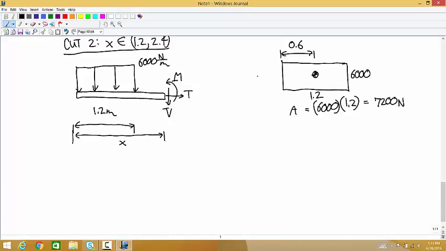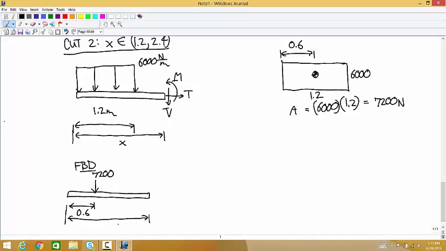So now I'll redraw this with that distributed load represented as a point force. So we have a force of 7,200. This distance is 0.6. This distance is x, and then we have the internal loads.